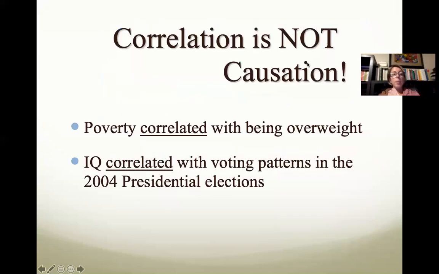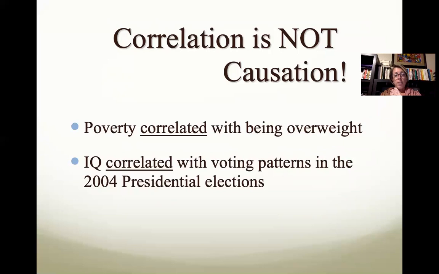So another thing to keep in mind as we're going into this, correlation is not causation. Here are two things, each of these bullet points, that are correlated, but finding out the causes of each of these things is much more complicated, right? So poverty is correlated with being overweight. If you are below the poverty line, you are more likely to be overweight.